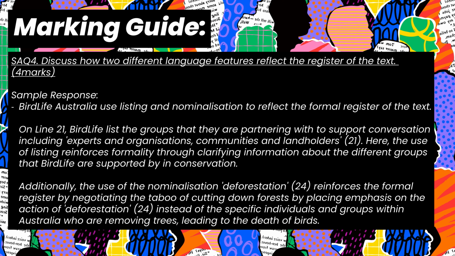And in the second example, discuss how the use of the nominalization is able to negotiate the taboo of cutting down forests by placing emphasis on the action instead of the specific individuals and groups who are removing these trees.